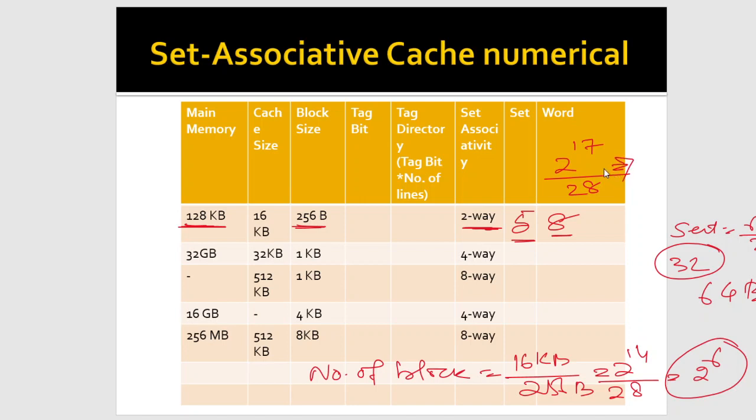So the number of blocks in the memory is 2 to the 17 minus 8, which will be 2 to the 9. 2 to the 9 means 512 blocks. So 9 bits are required for block, plus word size 8. 9 plus 8 is how much?